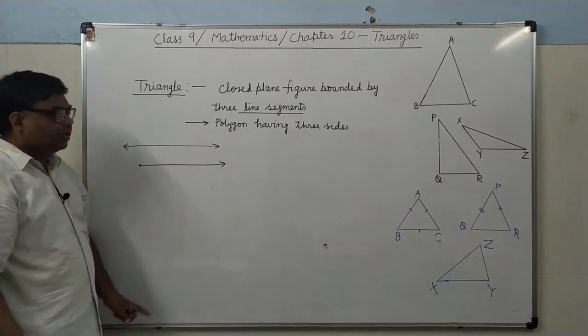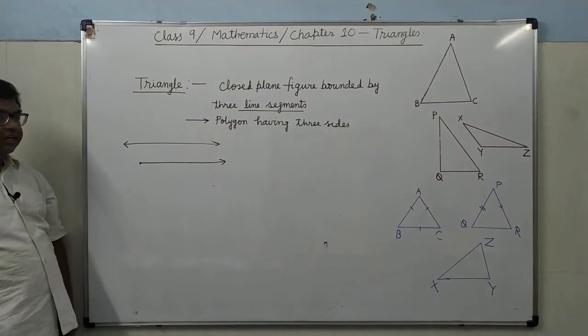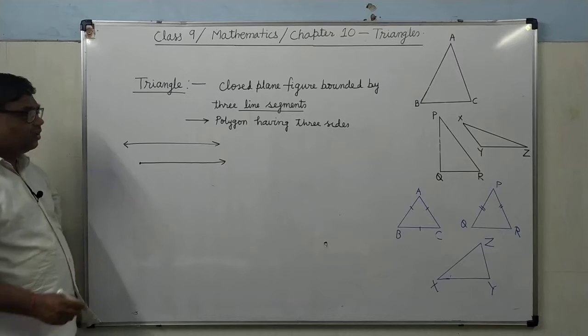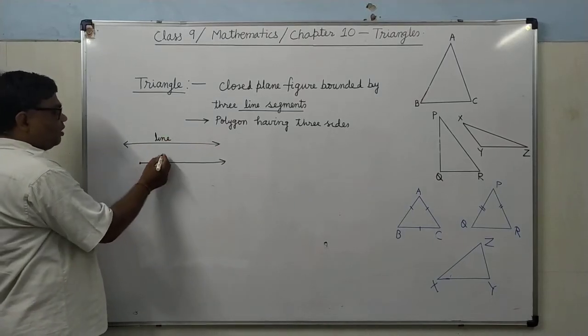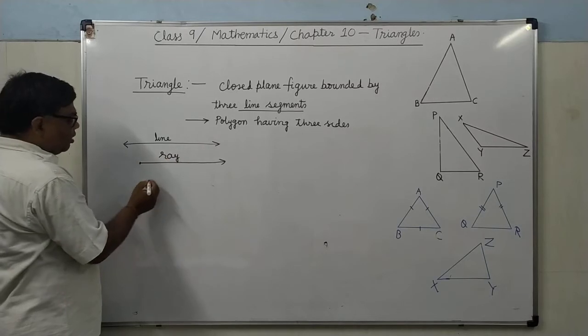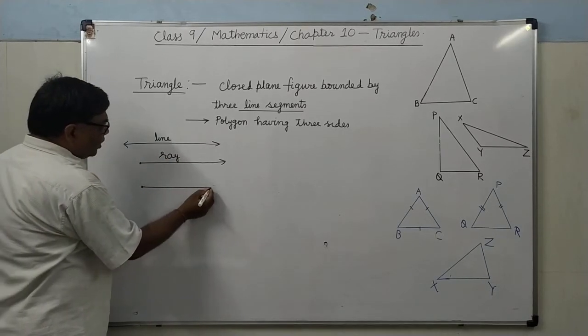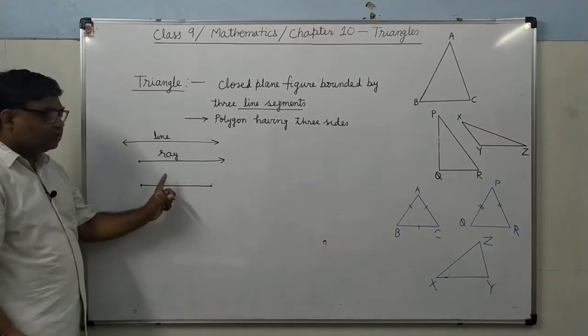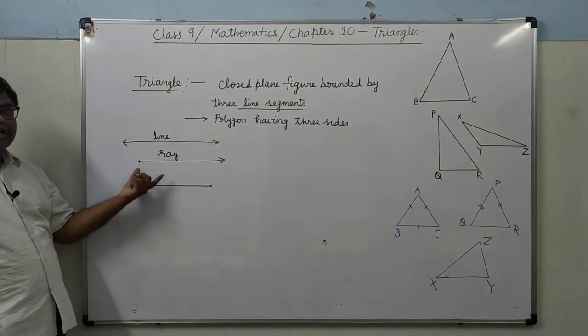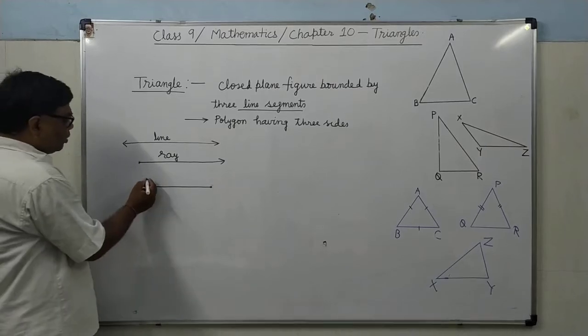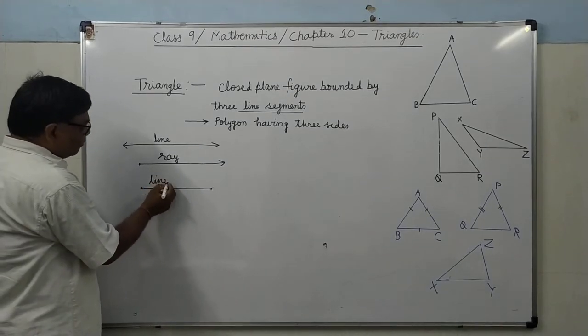That's why its length is also not definite. This is the line, you will represent it this way. This is the ray, while the line segment has both the end points fixed. Therefore, it has a definite length. This we call a line segment.